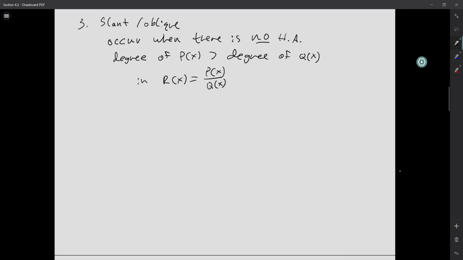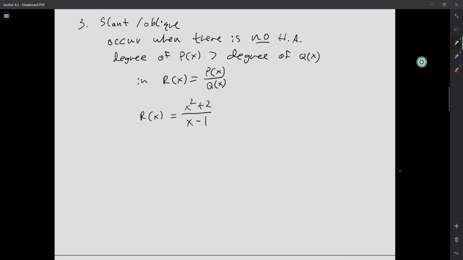So when that happens, let's say we've got x squared plus 2 divided by x minus 1. I specifically chose this so that it does not factor and cancel easily.